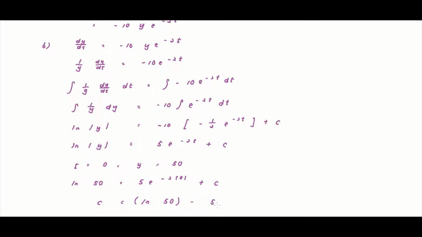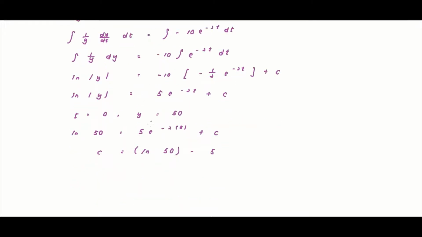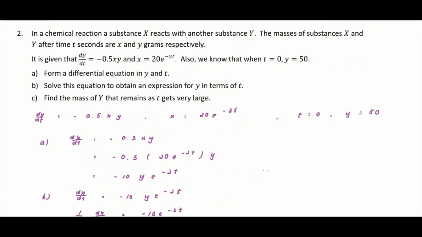Okay, so now we put it back into the equation that we have. So ln y equal to 5e negative 2t plus c, so plus ln 50 and then minus 5. Okay, so same thing, we need to rearrange it, so try to express it in y.